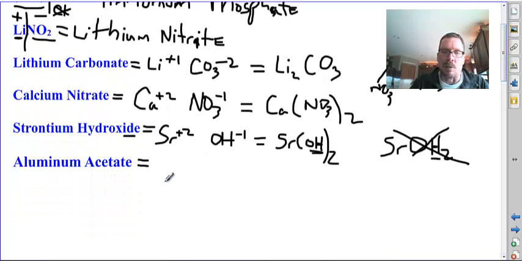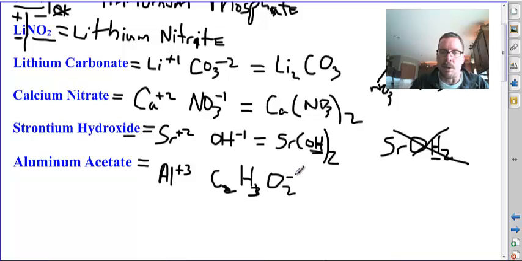And then the last one is aluminum acetate. Aluminum is Al. It's a cation. It's got 3 valence electrons. Acetate is a complex little polyatomic with 2 carbon, 3 hydrogen, and 2 oxygen.